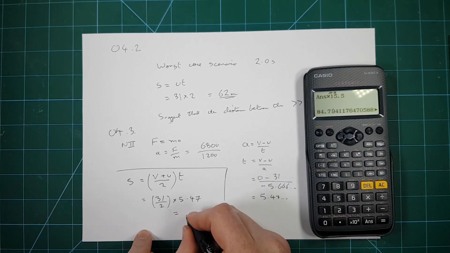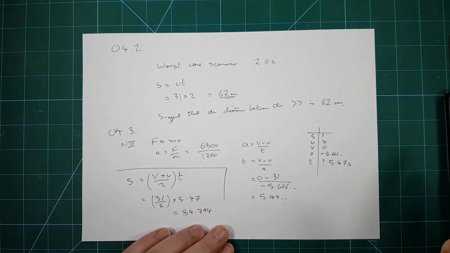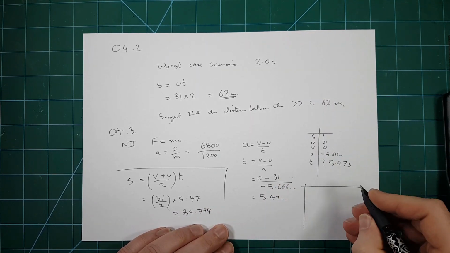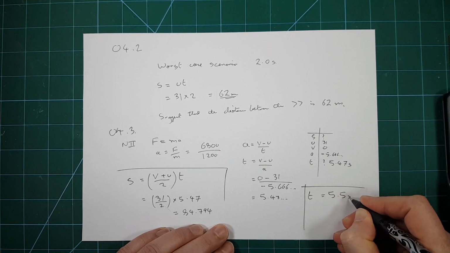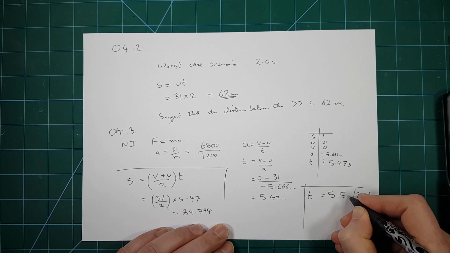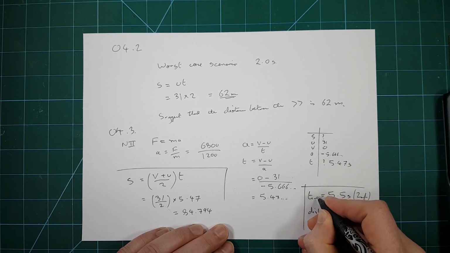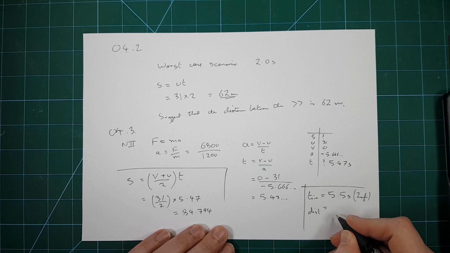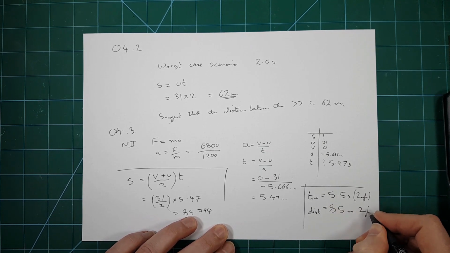So that's equal to 84.794. So the answers are: time is equal to 5.5 seconds to 2SF, and displacement, the distance, is equal to 85 meters to 2SF.